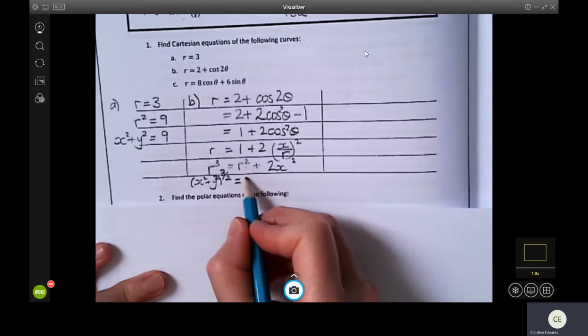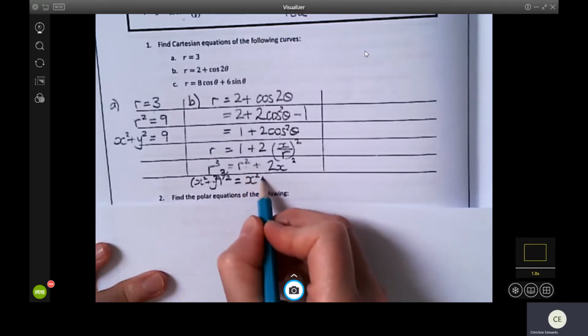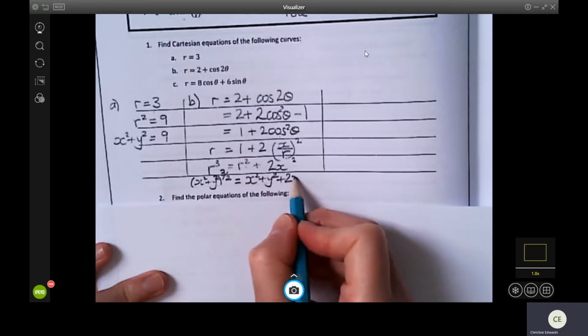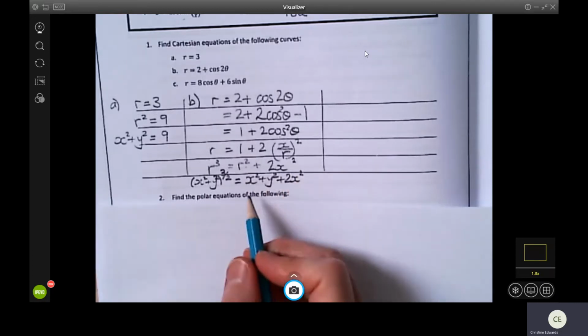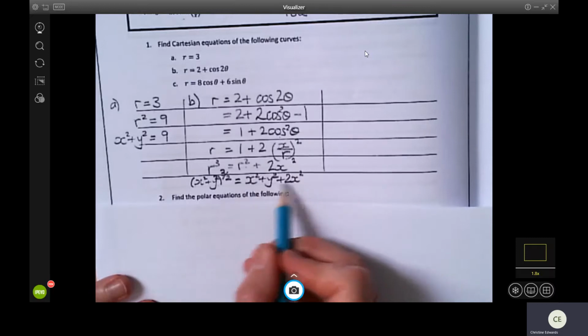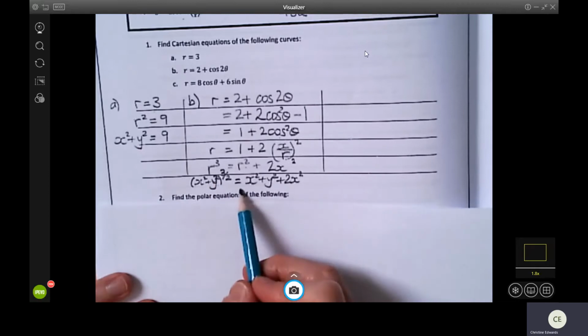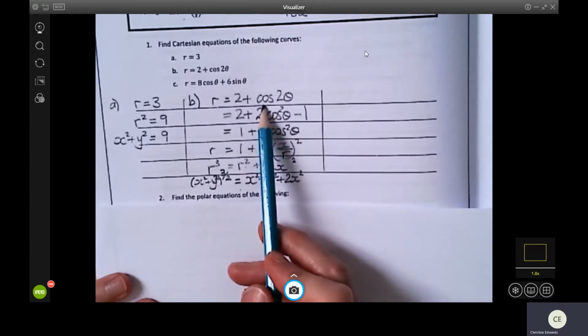R squared I can replace directly with x squared plus y squared, and I have a plus 2x squared. And I could simplify that further by combining the x squared terms. But that's converted to Cartesian, and as you can see, that's quite a complicated equation compared to the polar one that I started with.